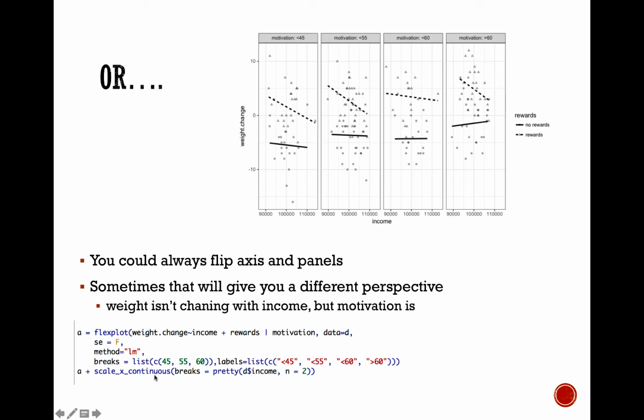It's basically saying, here's what I want to do with my x scale: I want to break it into 3 categories, like what we did with the labels, where we give it 2 breakpoints, which is going to put 3 numbers here. And then pretty is a generic term for, I think in this case, don't use scientific notation. I don't know. I forget. Look it up if you want to.